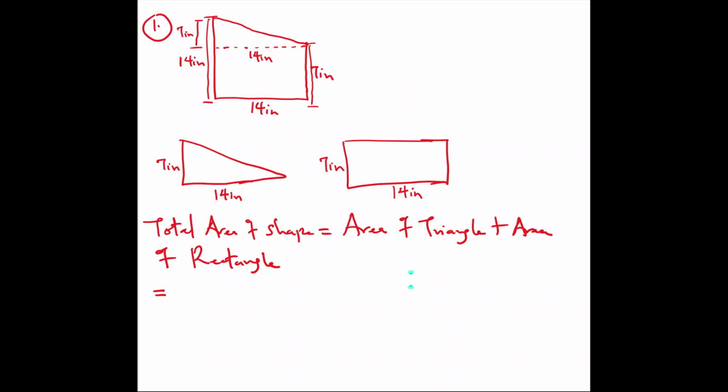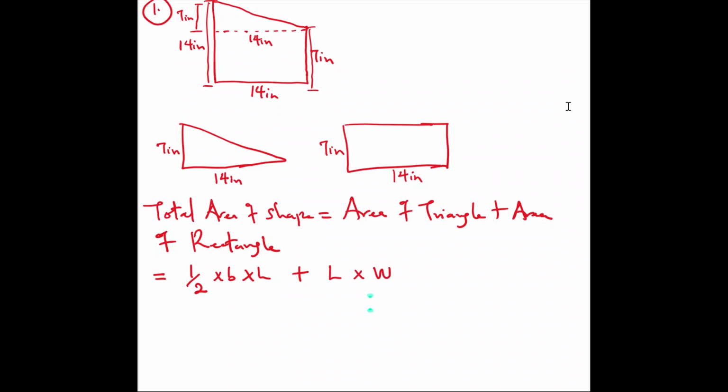Whenever you are doing compound shapes, you must know the formulas for the areas of different types of shapes. The area of a triangle is 1/2 times base times height, and the area of the rectangle is length times width.